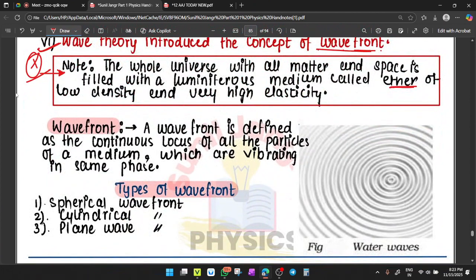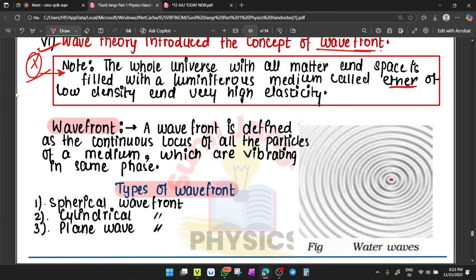So, Huygens introduced the concept of the wavefront. So, what is a wavefront? You see here the first disturbance, clear or not, at the center. Now this disturbance will transmit the energy.